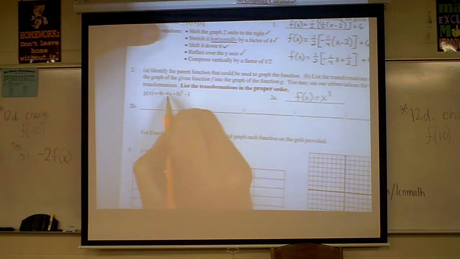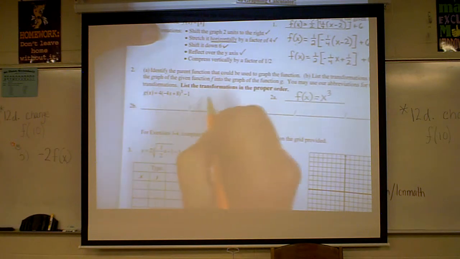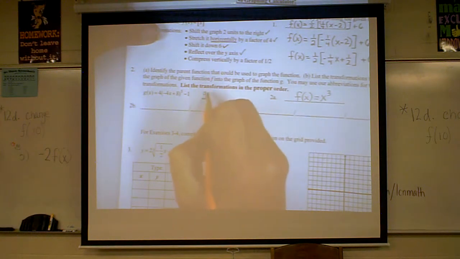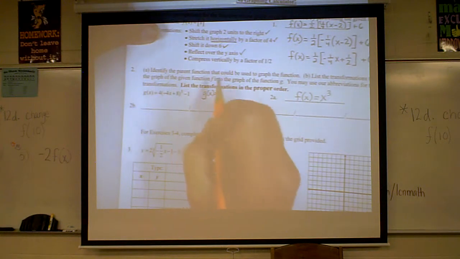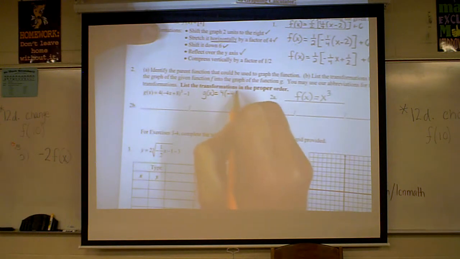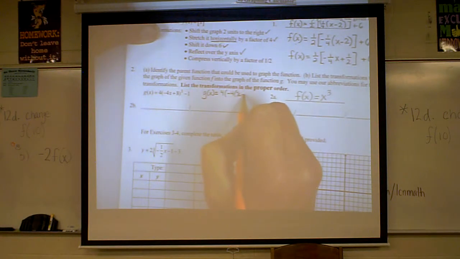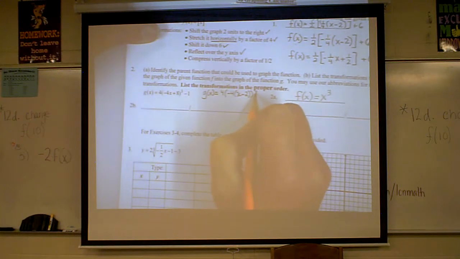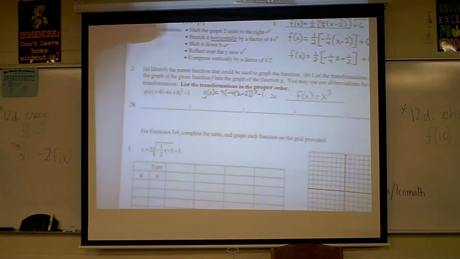What you want to first do is pull this a value out. So I'm going to rewrite this as g of x equals 4, pull out the negative 4, and you're left with x minus 2, parenthesis, cubed, and then minus 1.